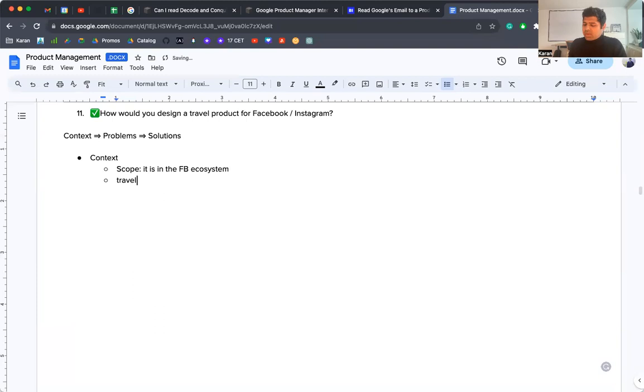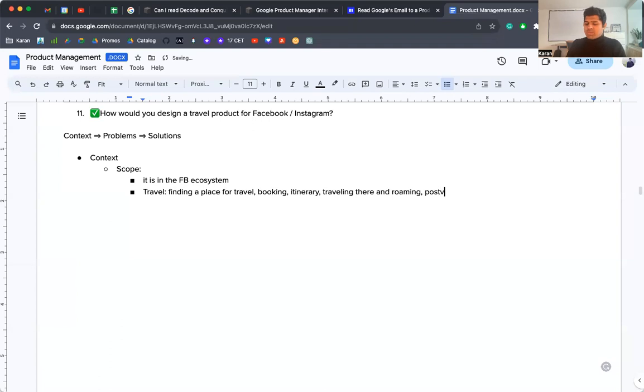Second, what do we mean by travel? So when we talk about travel, we mean everything related to finding a place for travel. And then there is itinerary booking. So, booking travel, stays, itinerary, and then obviously traveling there and roaming around.